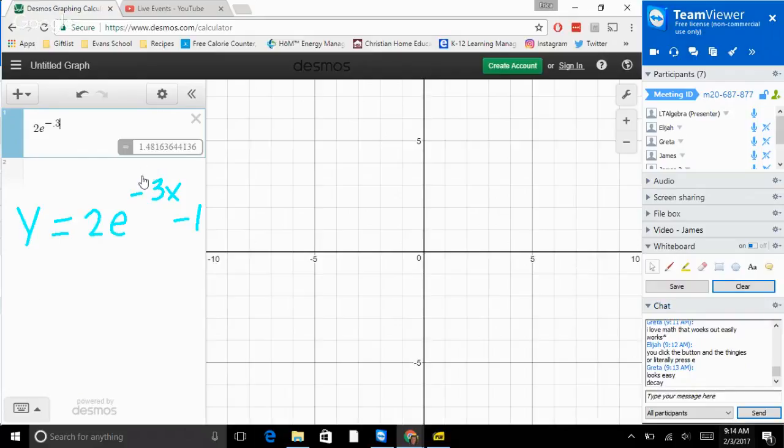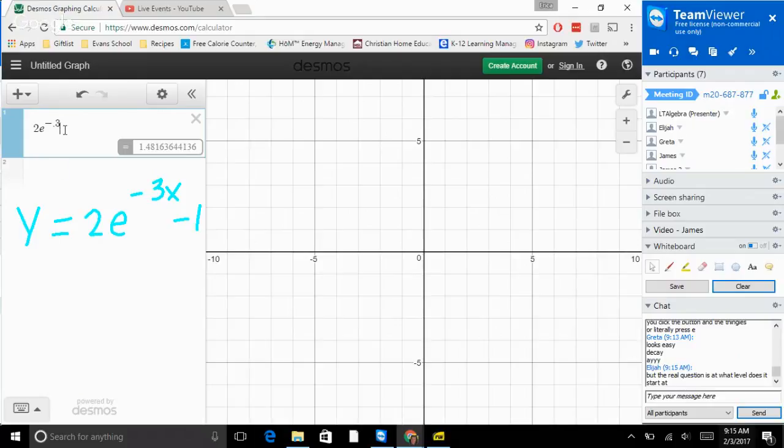I agree, Greta, because we have a negative exponent for our e, it's going to be decaying away, right? It's going to get smaller and smaller and smaller. So for 31 through 37, you're really looking at the exponent and seeing if it's positive or negative. If it's positive, it's going to be growing. And if it's negative, it's going to be decaying.